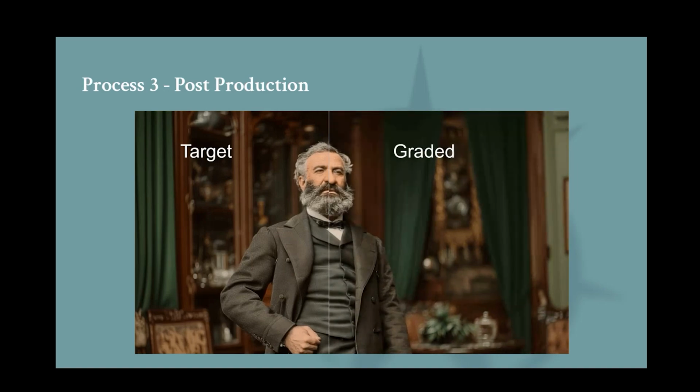So you have the target on the left, which is the dialogue video, and we have the graded and ungraded on the right, which is the transition video. In this particular example, the ungraded video is a little bit bluer and a little bit greener compared to the target. So that required in post-production to correct with color correction software.